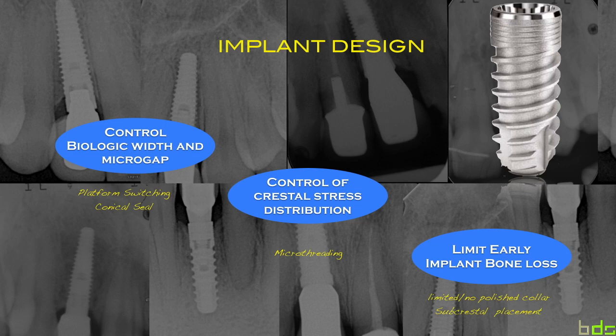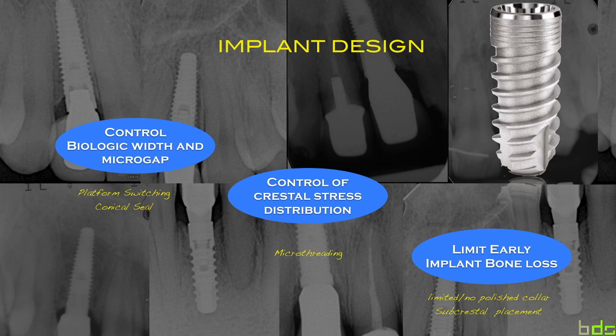However, we do favor having some kind of a polished collar for the right establishment of an epithelial cuff. Subcrestal placement is also in favor for implants that are designed to be so. Not all implants are designed to be subcrestal.